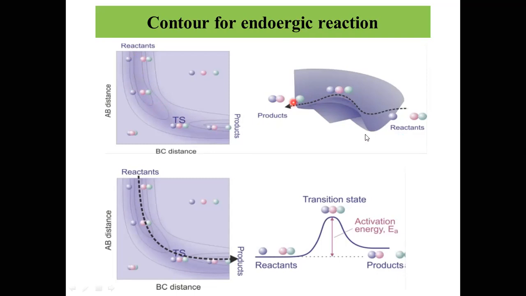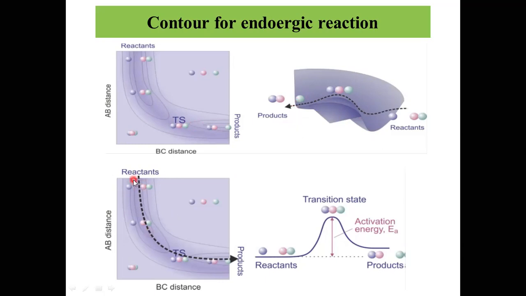And then I'm going down, but this is having higher potential than your reactants. Like products are having higher potential than reactants, so therefore this is an endoergic reaction, right?